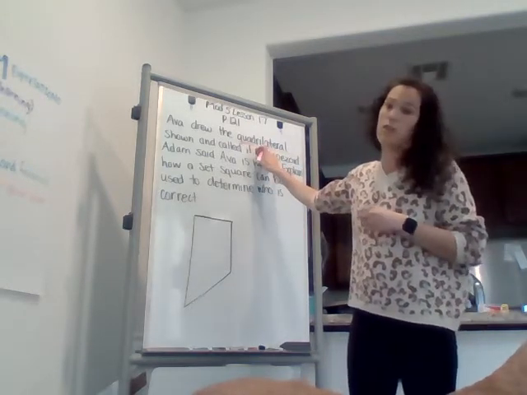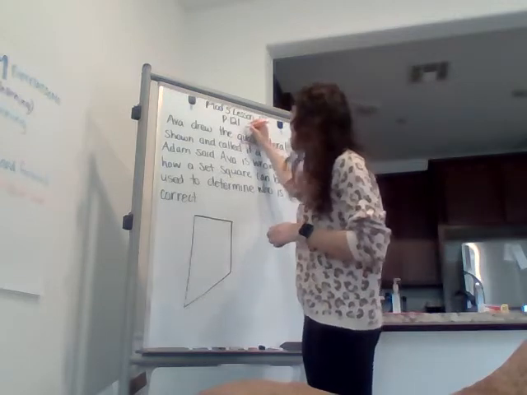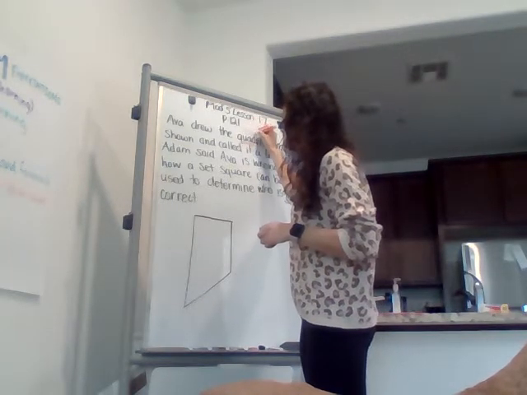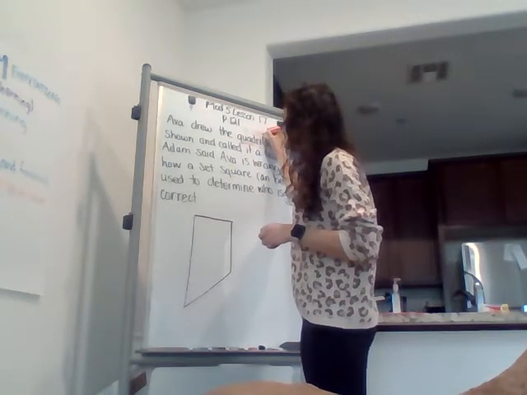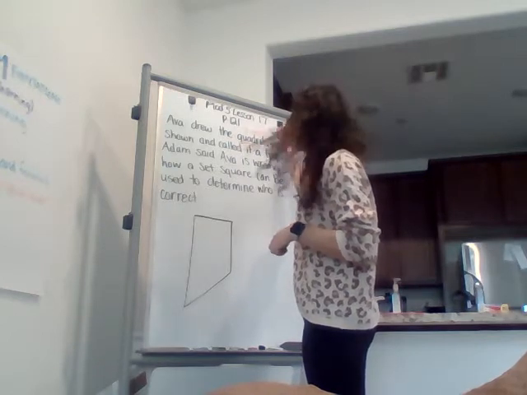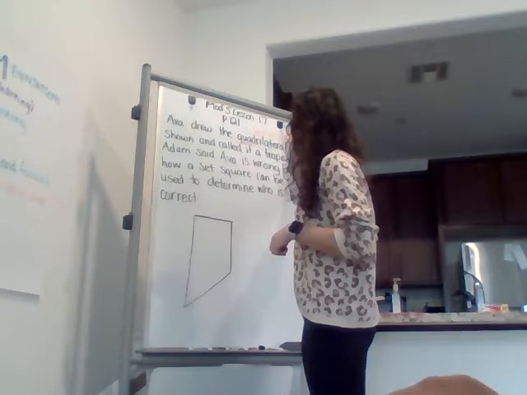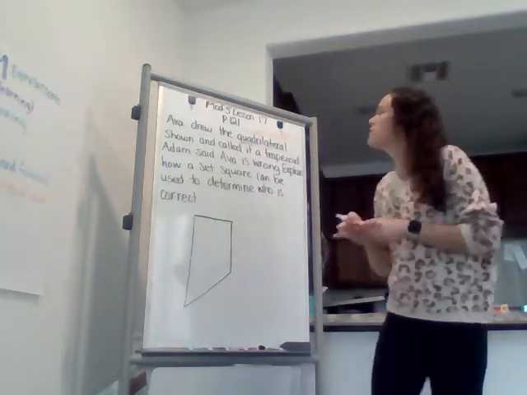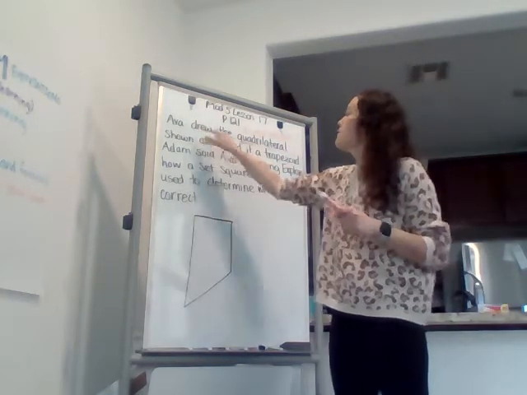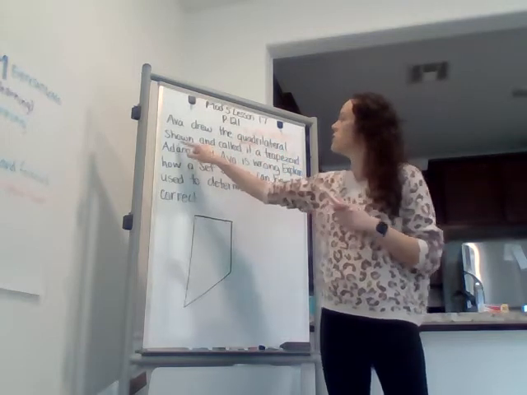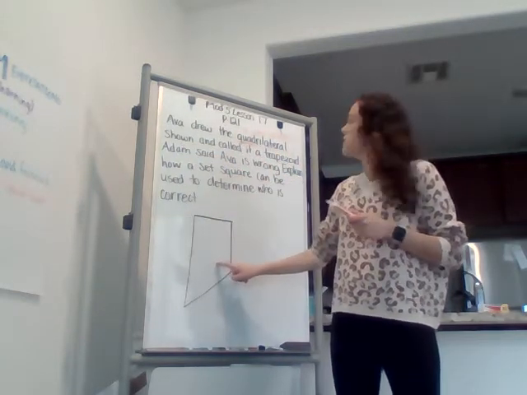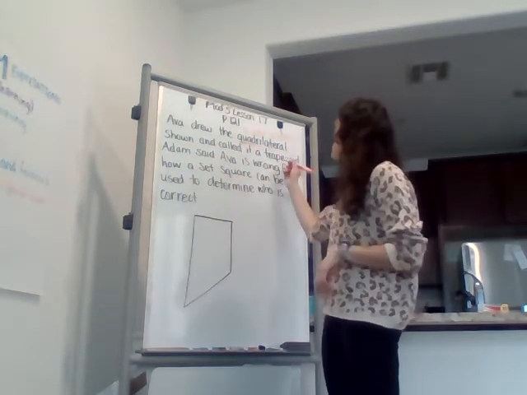So we know a quadrilateral is a four-sided shape, right? Four-sided. And we'll say polygon, because that's the correct use of words there, which is a closed shape, right? A four-sided polygon. So Ava drew the four-sided polygon shown and called it a trapezoid.